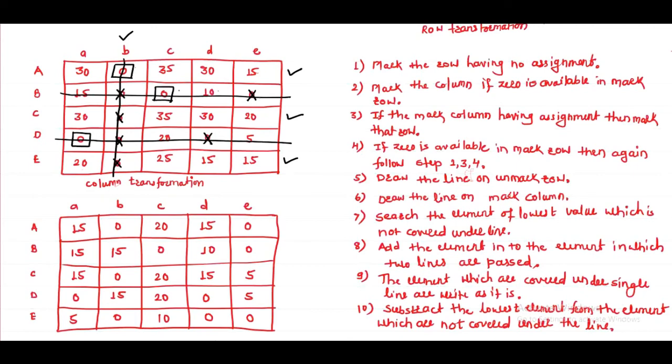In the third row only one zero is available, so we draw a square around that zero, and now we check whether any zero is available in this particular column. There are two zeros available, so we draw a cross on those zeros. In the fourth row more than one zero is available. In the fifth row more than one zero is available.